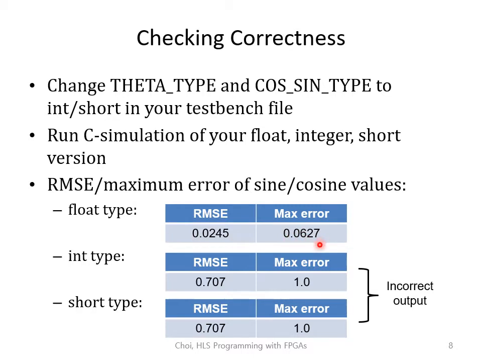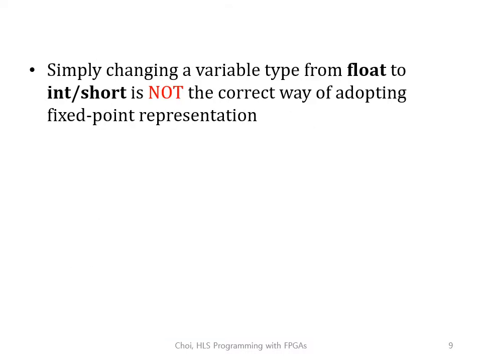But if you do the same measurement with the int or short type, it is 0.707 and 1.0. Considering that the maximum value of cosine and sine is 1.0, it seems clear that the int version and the short version are producing an incorrect result. So this suggests that simply changing a variable type from float to int or short is probably not the correct way of adopting fixed point representation.